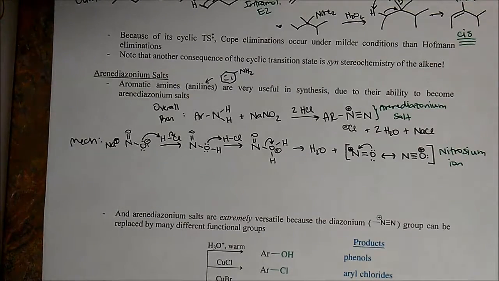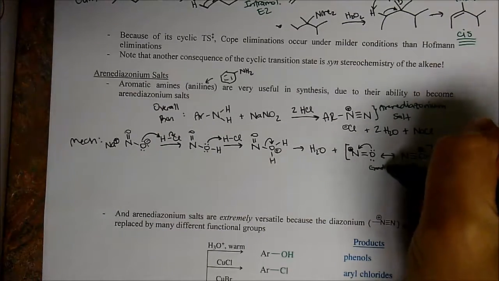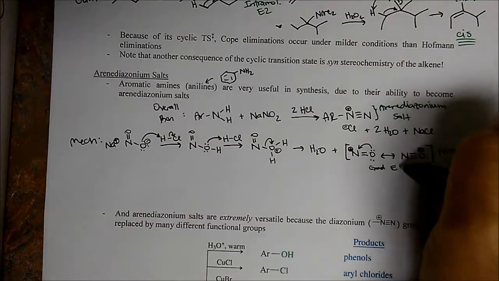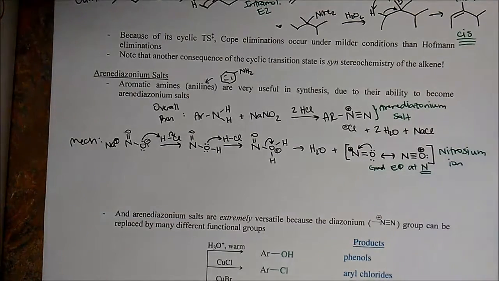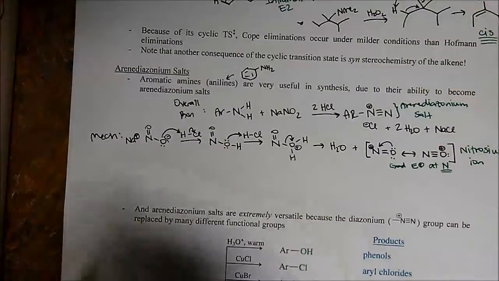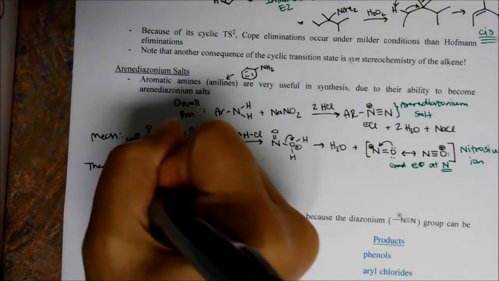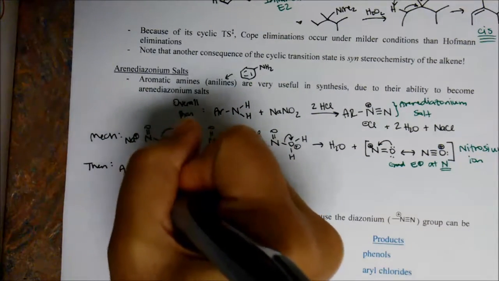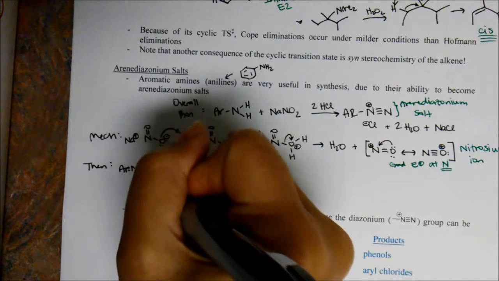This guy is a really good electrophile at the nitrogen. So let's go and use him, just like we did in EAS. Here's our awesome electrophile. Now we have our, not quite EAS, but close to it, we have our amine.